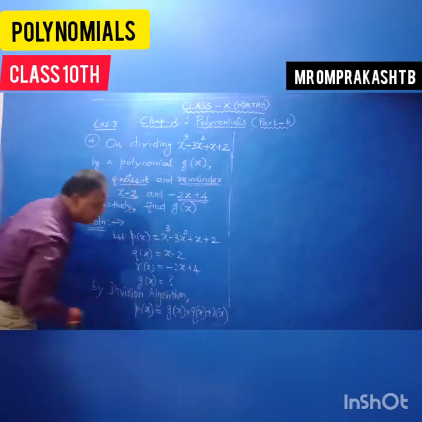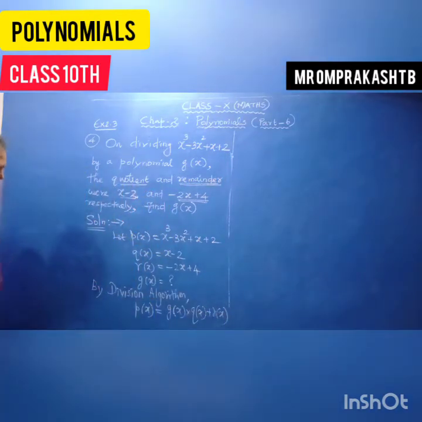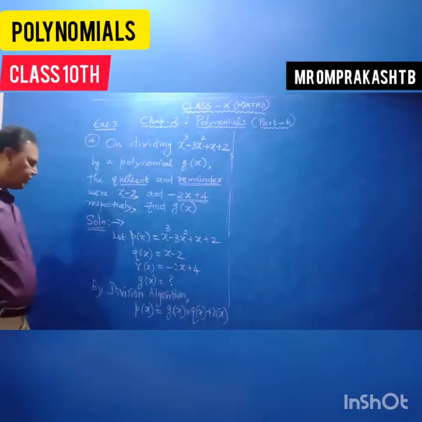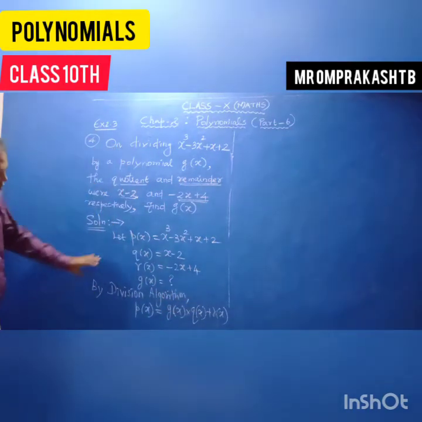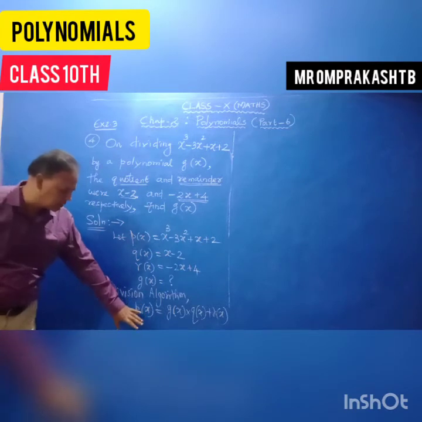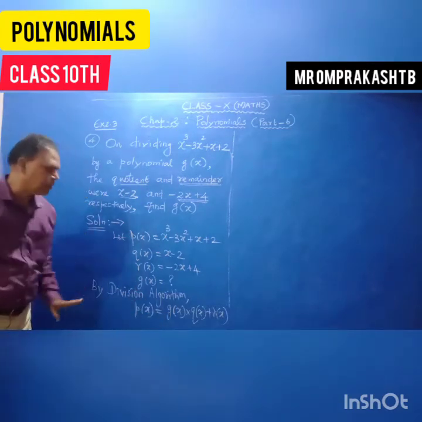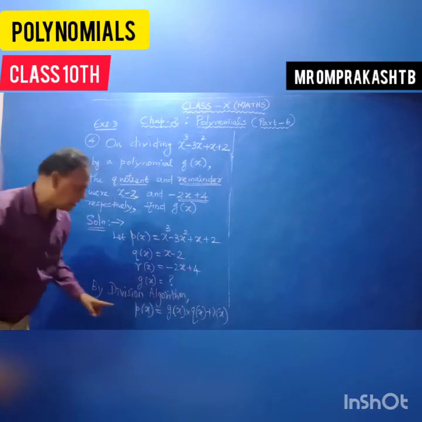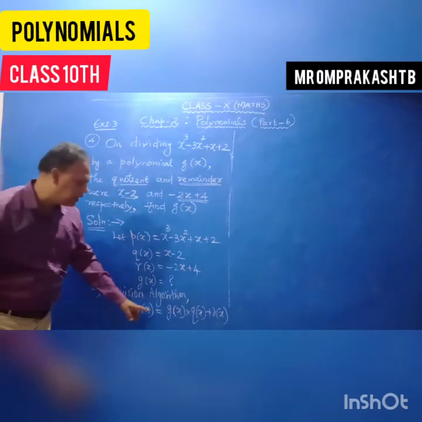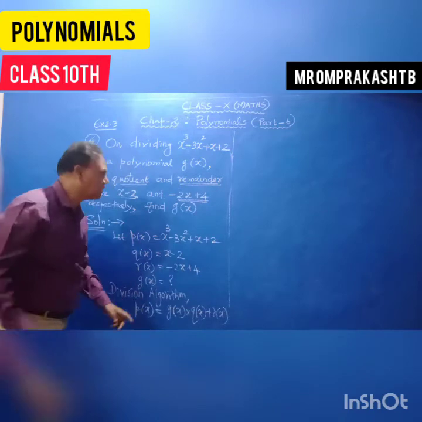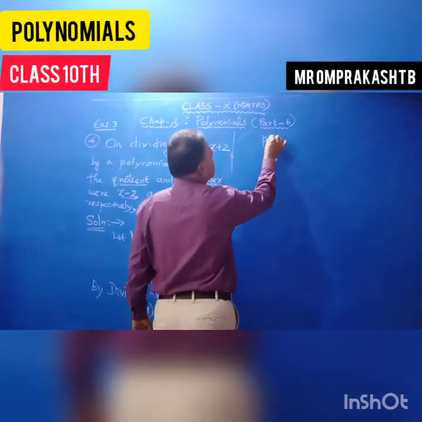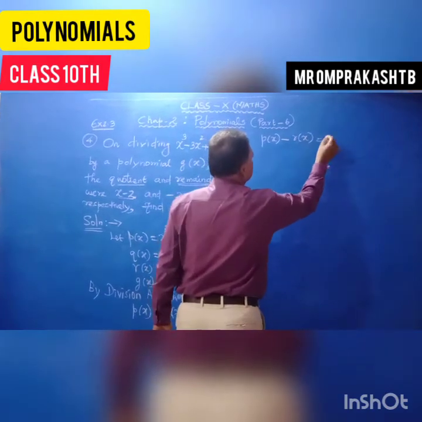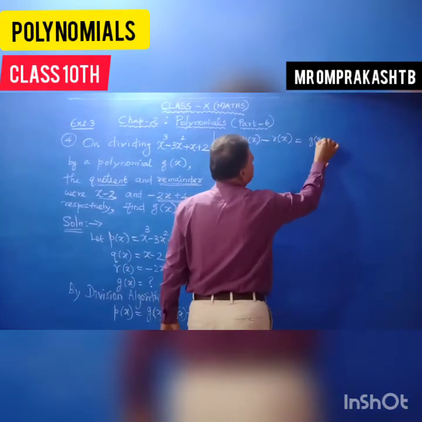Already yesterday we have studied it. You could just replace in this, but before that you simplify, that is a better way. Bring plus r of x this side. That is p of x minus r of x is equal to g of x into q of x.